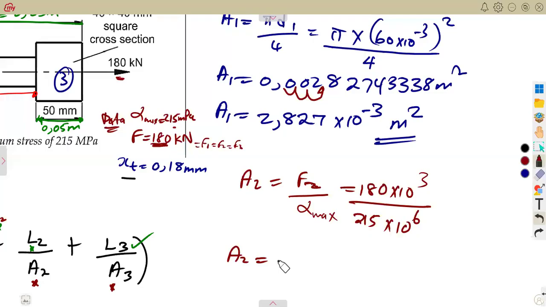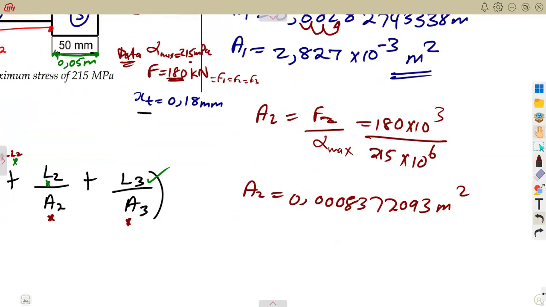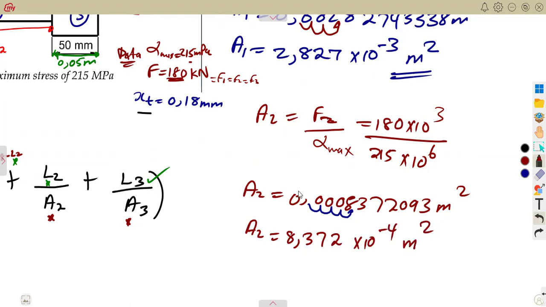So the area, guys, was going to be given 0,008372 093, something like that, in square meters, which you can write as 8,372 times 10 to the exponent of -4 in square meters. Or you can use the exponent of -6. It's up to you.